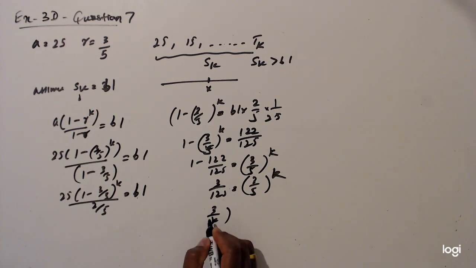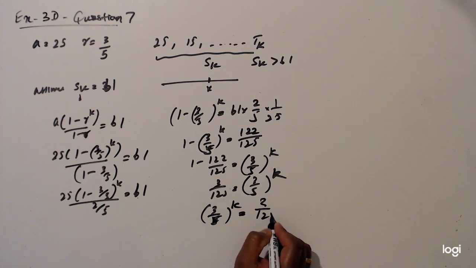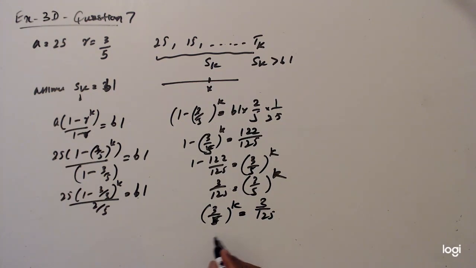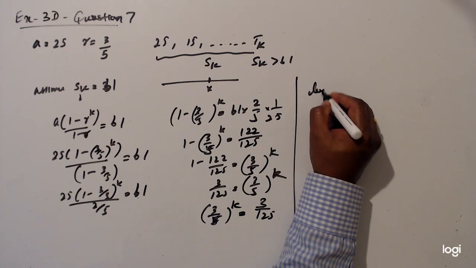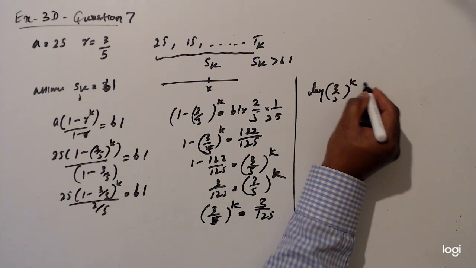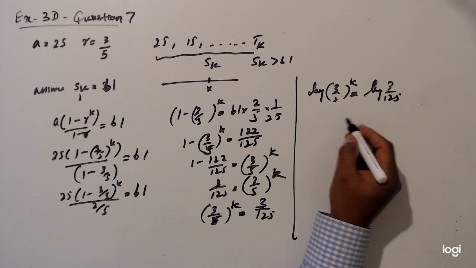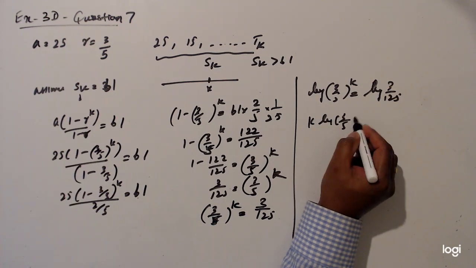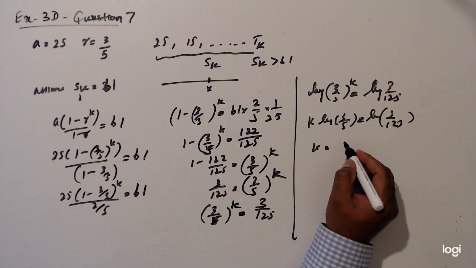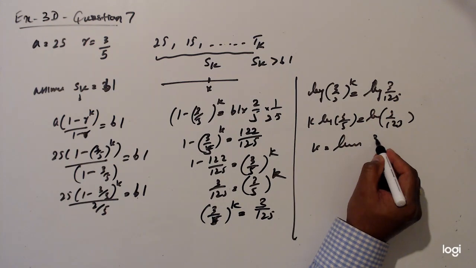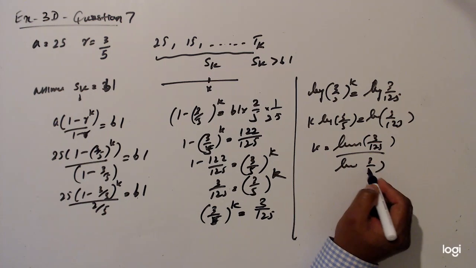This one, 3 over 5 to the power k equals 3 over 125. Now when we put logarithms, k log 3 over 5 equals log 3 over 125. So k equals logarithm 3 over 125 over log 3 over 5.